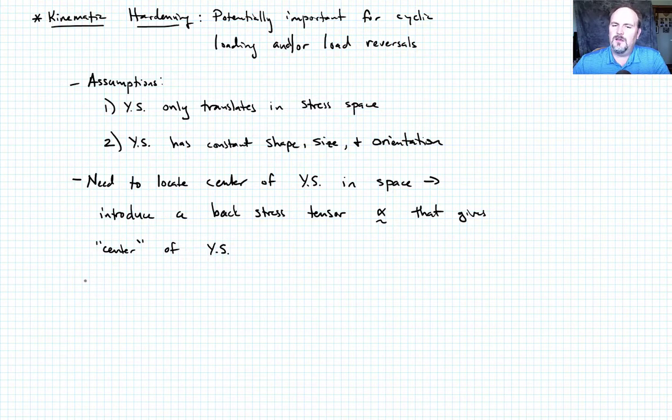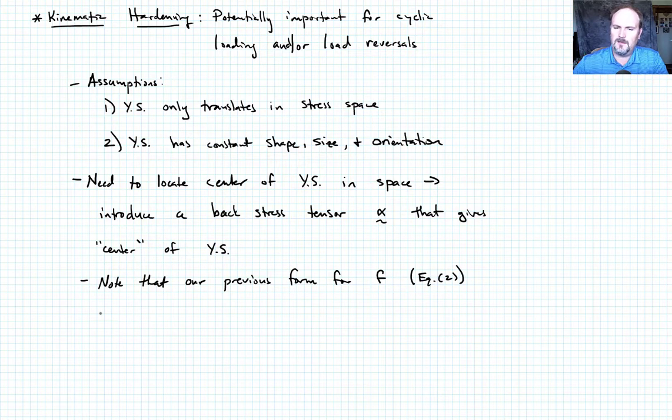A couple of things. First, note that the form we had for the von Mises doesn't readily admit this sort of shift. Our previous form for f, the yield function, equation 2, doesn't easily accommodate this.